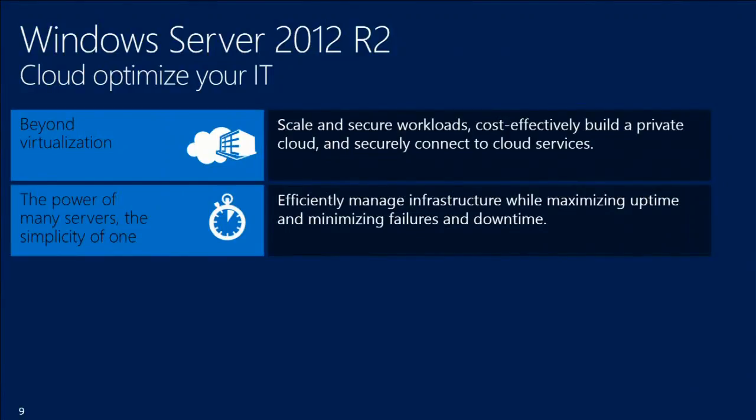We want to give you the power of many servers with the simplicity of one. We've heard from many of our customers that yes, they want to run this infrastructure on a large set of servers, but in a simplified manner. That's where we are bringing in enhancements in the OS, as well as Windows Server and System Center working together, so that you can manage your infrastructure and maximize your uptime without adding to the cost of maintaining it.